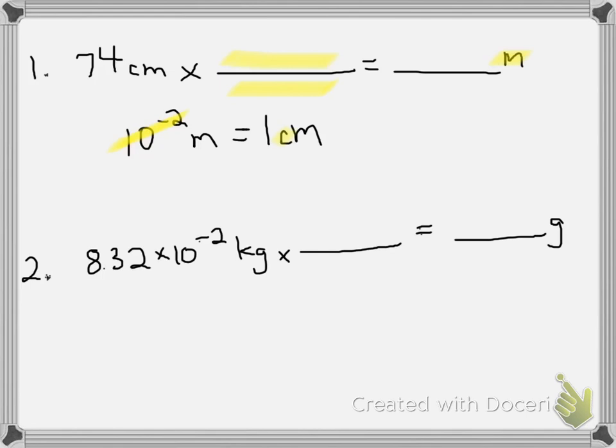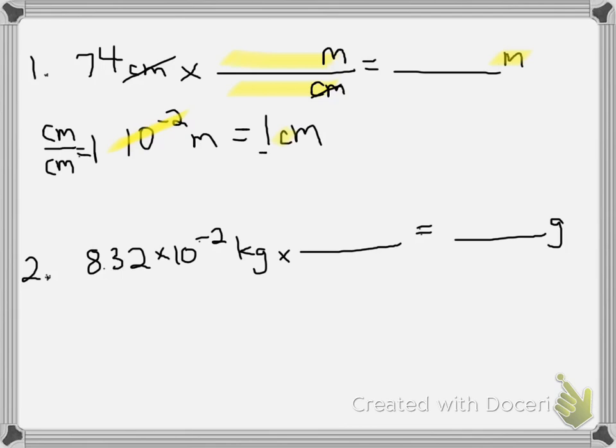So since I want to convert into meters, I need to end up with meters in my numerator. And since I want to get rid of centimeters, I need to divide by centimeters, because centimeter divided by centimeter equals 1, and we call that canceling out. So the centimeters will cancel out.